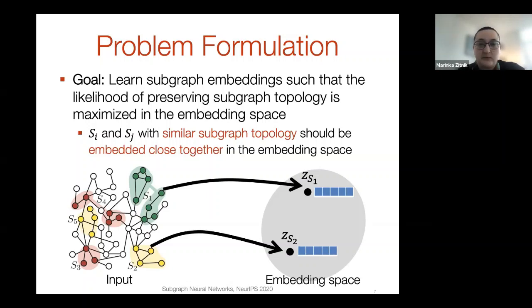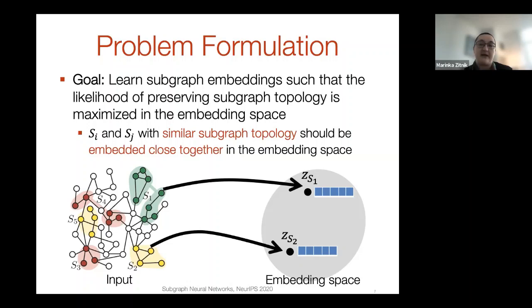So what that means is that in the input we have a graph that is shown on the bottom left of the slide, and on top of that graph we have a large number of subgraphs that are defined by a set of nodes and edges and might have labels that are indicated by different colors. In this particular case, we have a graph with 5 small subgraphs: S1, S2, S3, S4, and S5.